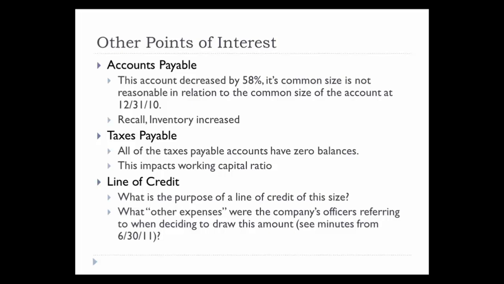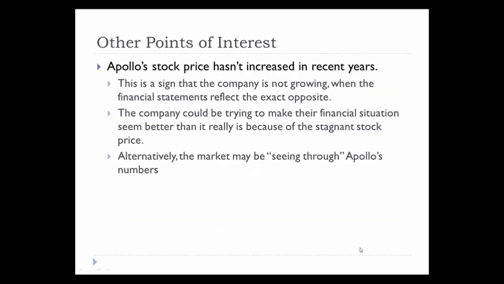Even though something might be quantitatively immaterial, the fact that they might have debt covenants or contractual covenants associated with debt changes it to a qualitative materiality benchmark. Also, what other expenses were they referring to when they decided to draw this amount down? They were very vague. So again, the auditor would want more information on that.